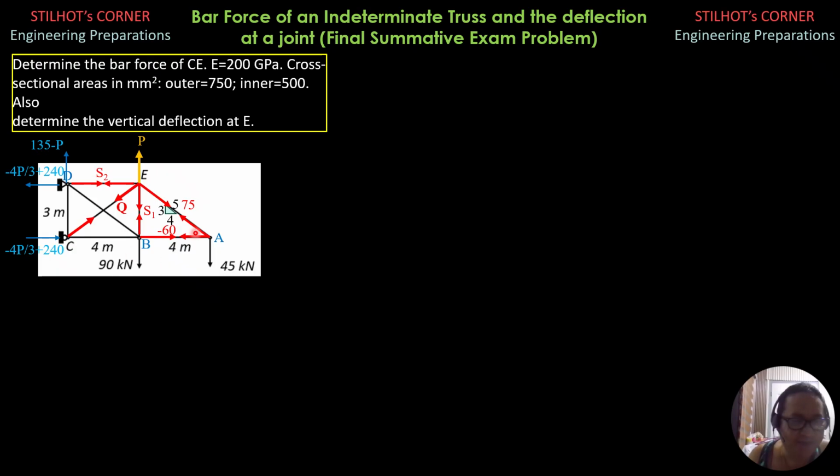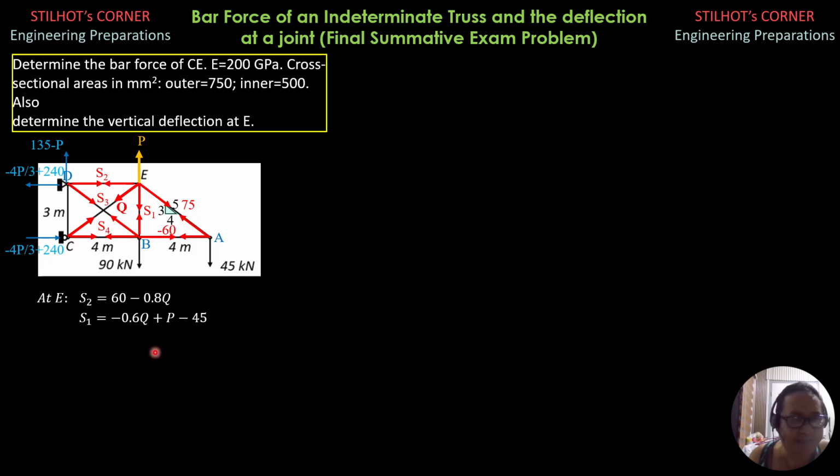So after A, you proceed to E, summation forces X first, and show that S2 is 60 minus 0.8Q. Summation forces Y, show that S1 is equal to negative 0.6Q plus P minus 45. Then you proceed to joint B, labeling this other diagonal as S3, then this member BC as S4.